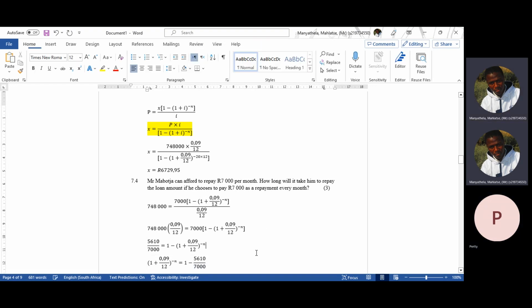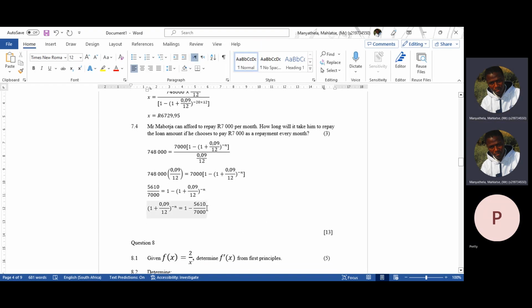Okay, if you were to deal with something like this, the highlighted part, 1 minus 5,610 over 7,000. If it's 1 subtract a fraction, what you do is you just draw a division line and then put 7,000 under it.